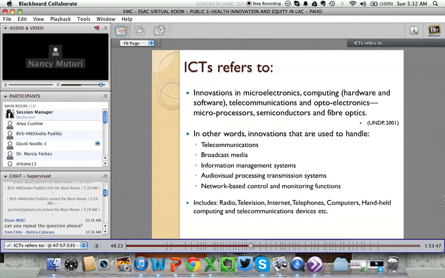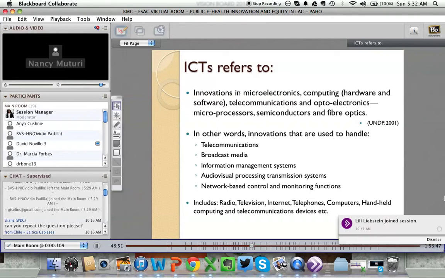That includes hardware and software used for telecommunications and microprocessing, and also use of semiconductors and fiber optics. In other words, this is all about telecommunications, how we use broadcast media, information management systems, audio processing, transmissions, and anything that's networked. You can use a combination of one or more devices when you refer to ICT use.